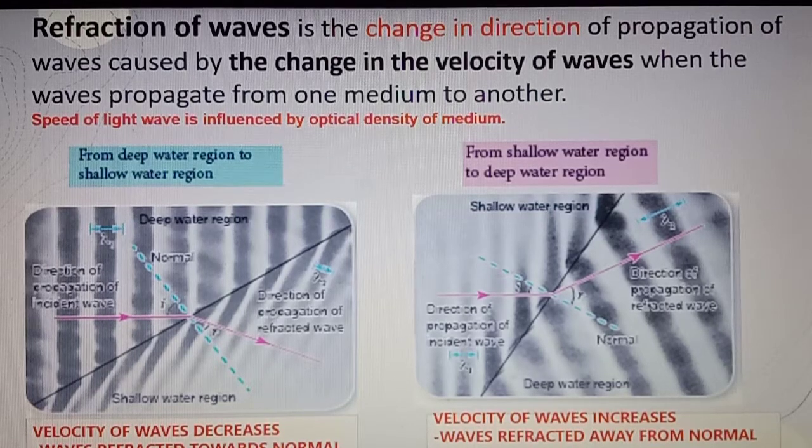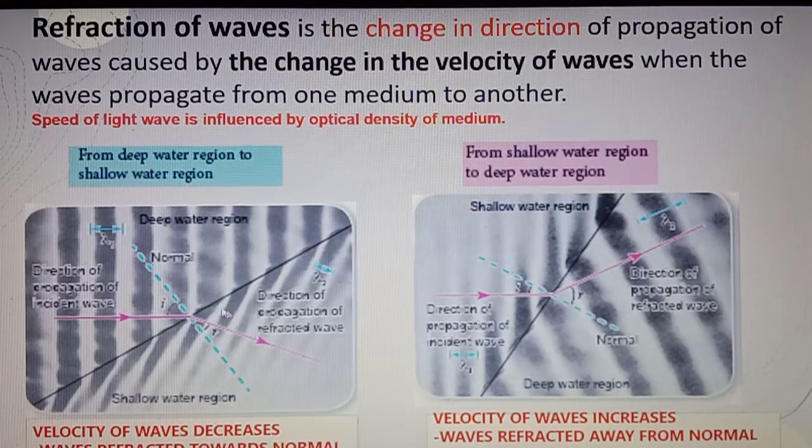Okay, look at this first situation. As the wave travels from the deep water region to the shallow region, this one we call the incident wave. It is incident to this point. The black line here represents the boundary. The boundary is a line that separates the deep and shallow regions. At the point of incidence, we can draw a normal line, the blue one here. The angle between the incident wave and the normal line is the angle of incidence, i.